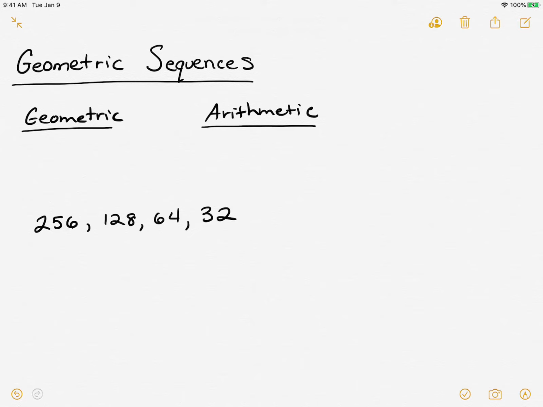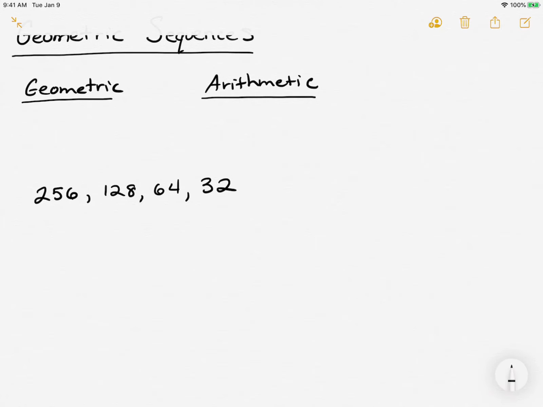The first thing that we check whenever we have a sequence is, is this a geometric sequence? In order for something to be a geometric sequence, the ratio from one term to the next has to be the same. In other words, my first pair of numbers is from 256 to 128.